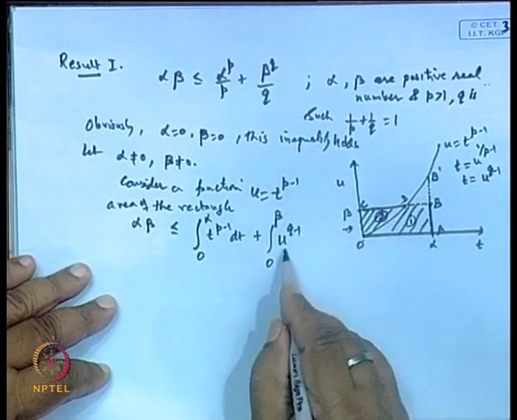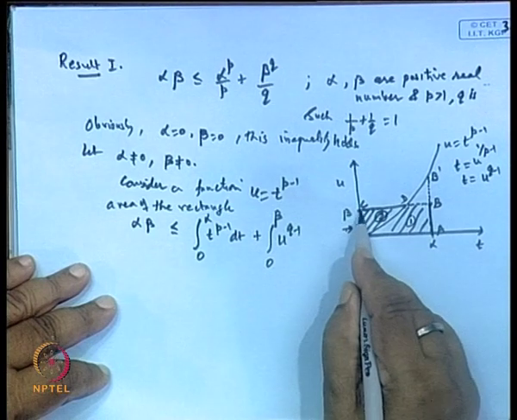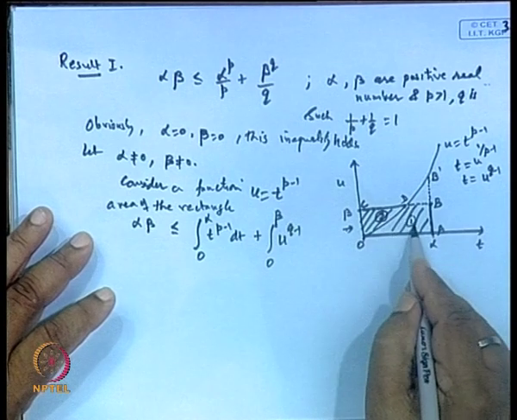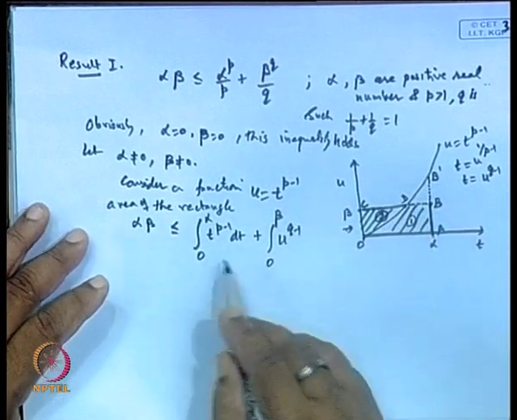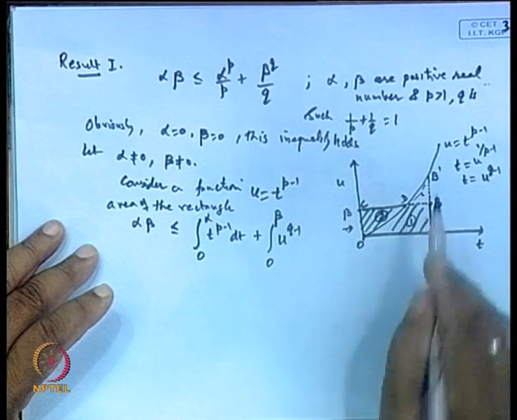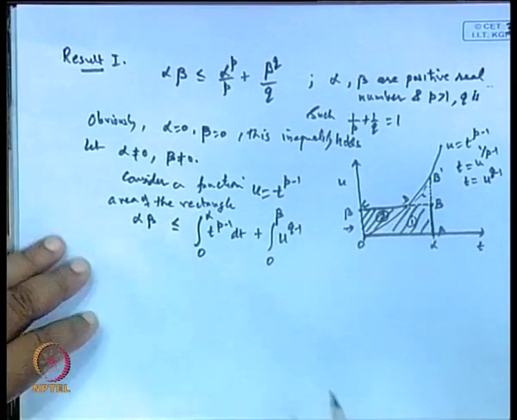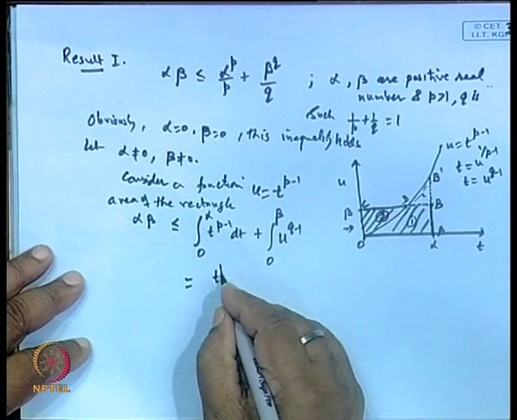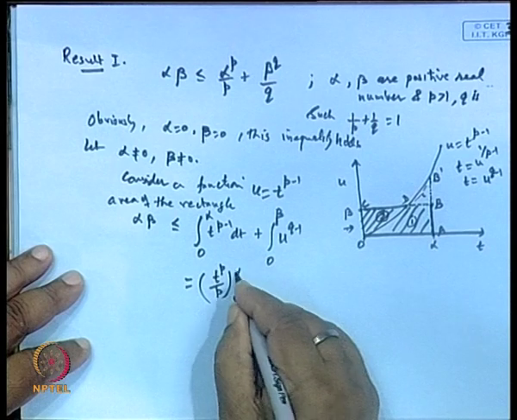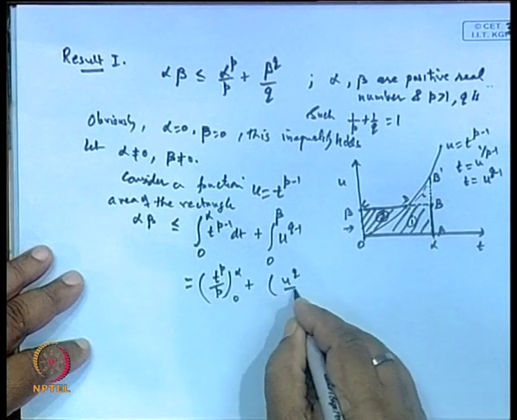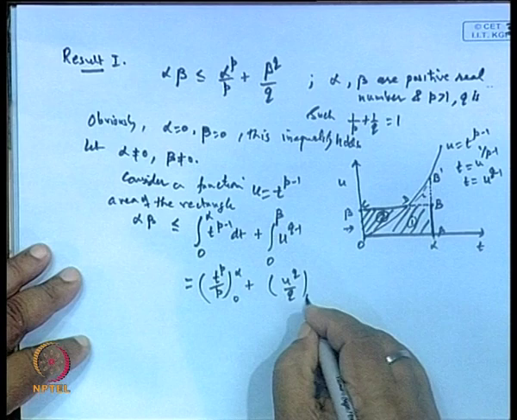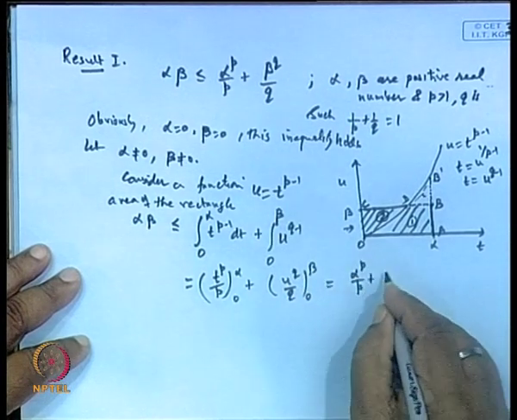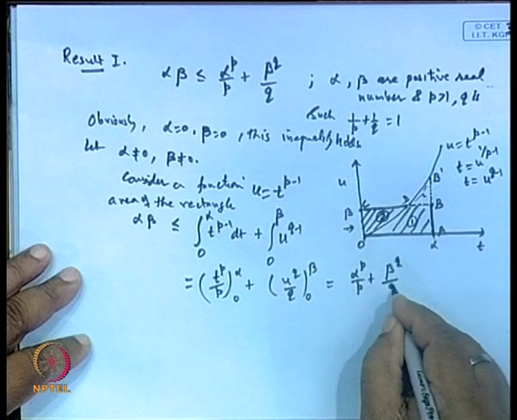So, this curve will be u to the power q minus 1, and it varies from 0 to beta. So, area 1 plus area 2 is greater than or equal to the rectangle, since this portion is extra. Now, it is simple integration, and when you integrate and substitute the values, you get t to the power p by p under the limit 0 to alpha plus u to the power q by q under the limit 0 to beta, and that gives you alpha to the power p by p plus beta to the power q by q.